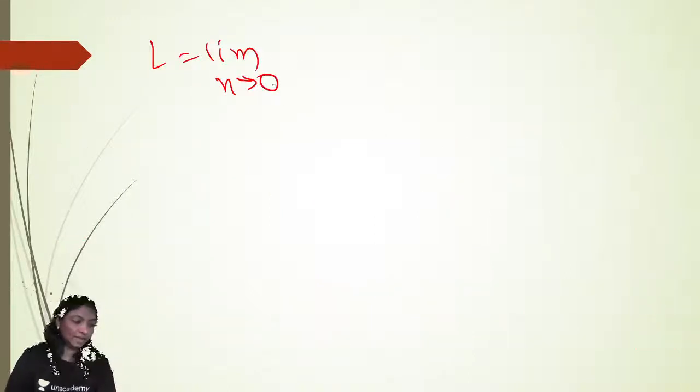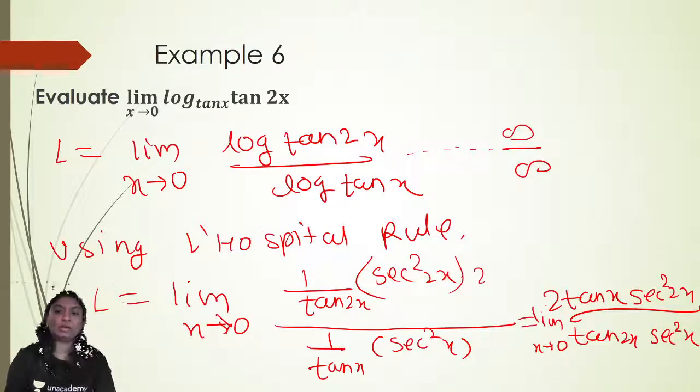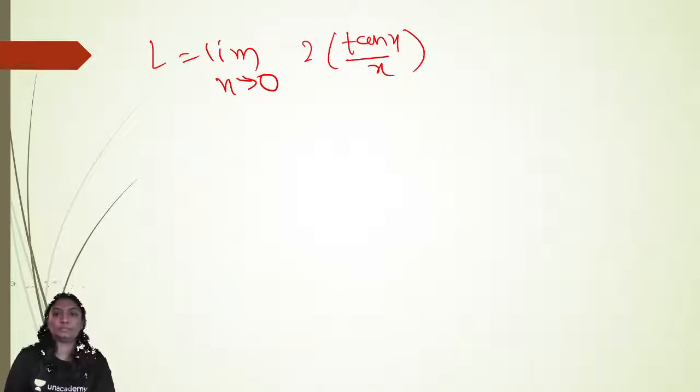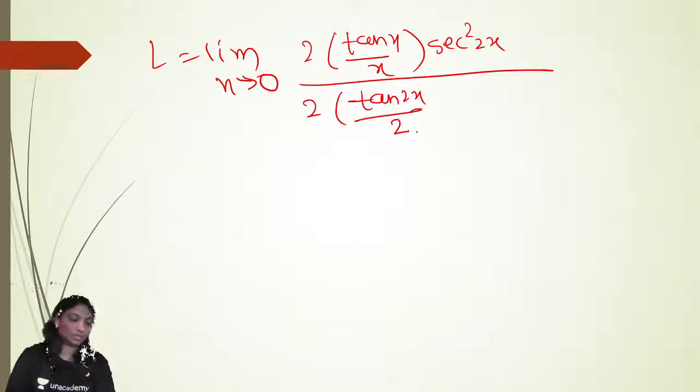We will adjust here 2 into tan x upon x, right? 2 is already here, into sec square 2x, upon here 2 into tan 2x upon 2x into sec square x.